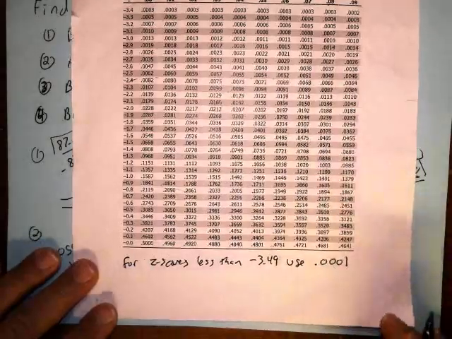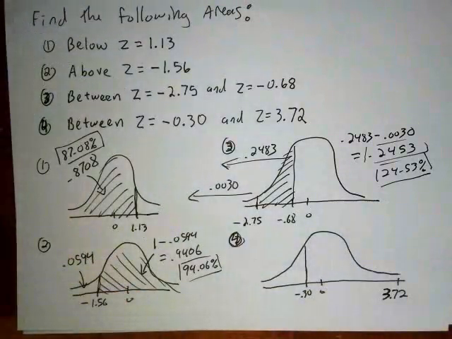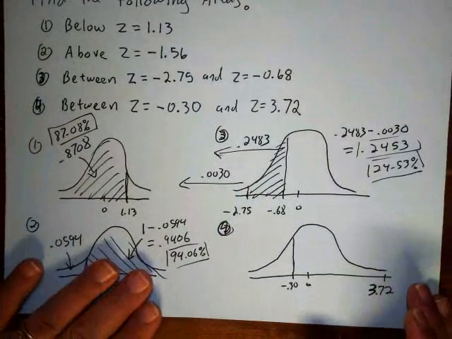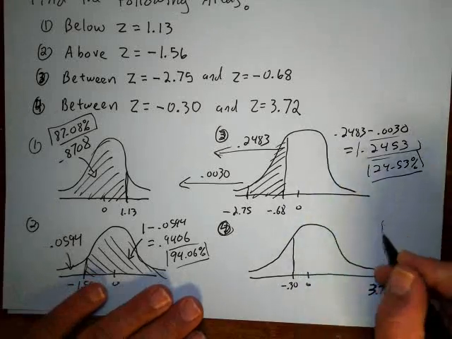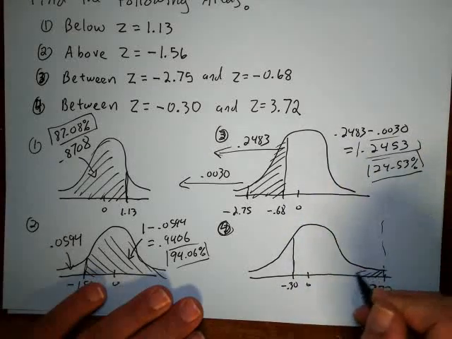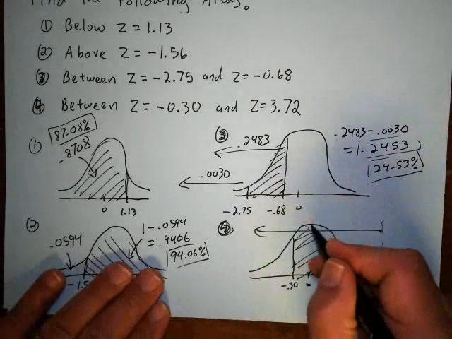And that's as small as you can get without being 0.0000. Okay? So what this means is that for this one, I want to get the area between these two, and this one is going to be 0.9999.